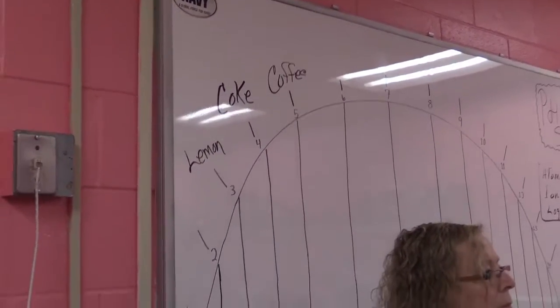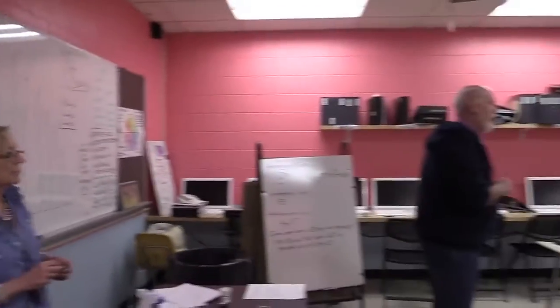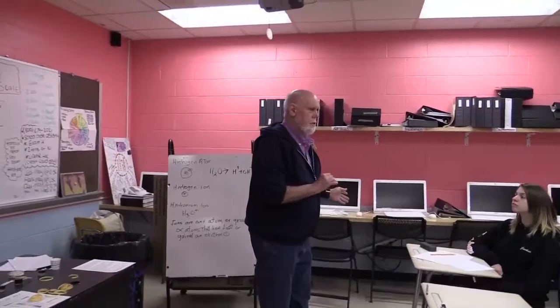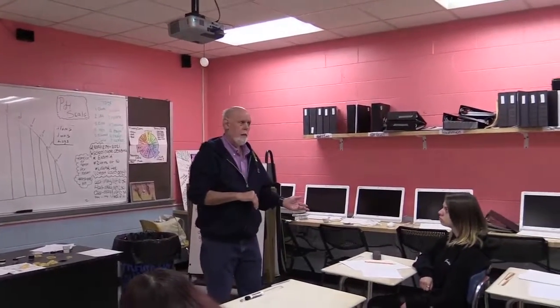Now you might wonder, why is your skin slightly acid? Well, you probably don't want to know the answer, because when you sweat, you're excreting uric acid. The same acid that's in your urine comes out on your skin, and it will lower the pH. So there you have it, something you probably didn't want to know.